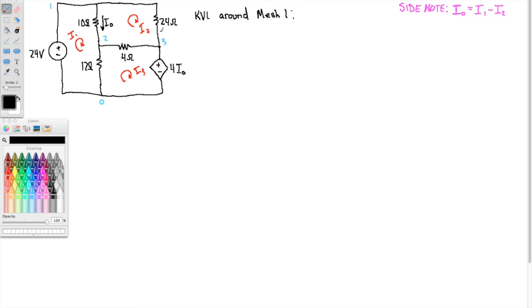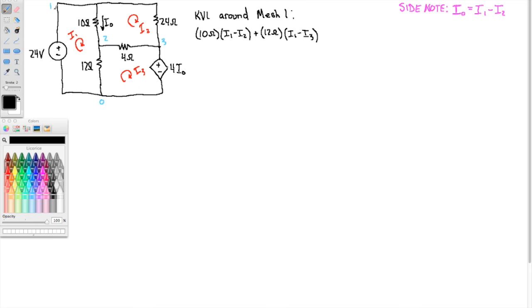So I've got a drop of 10 ohms times I0, and I0 is I1 minus I2. That puts me at node 2. And my drop across the 12 ohm resistor is 12 ohms times, okay, I1 is going with me, I3 is opposing me, so I1 minus I3. That puts me at node 0.